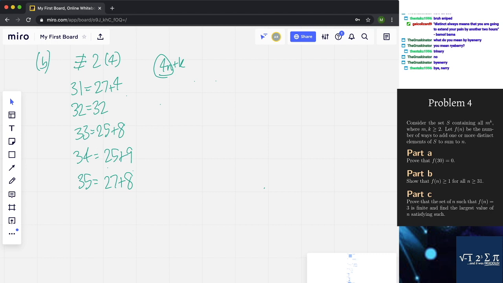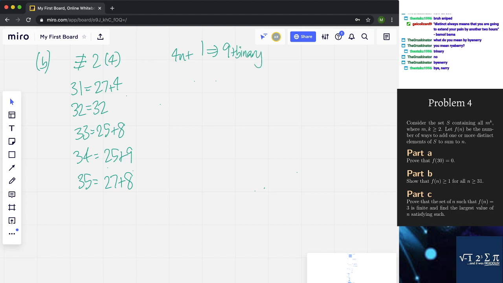So just write 4n plus k. Actually, let's write this up a bit more normally. Write it as 4n plus 1. You can write it as 25. Actually, you can write it as 9 plus binary.